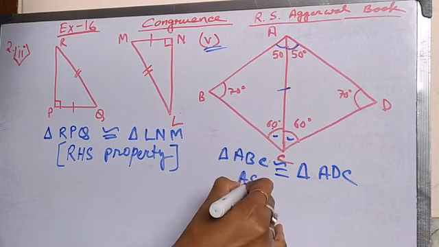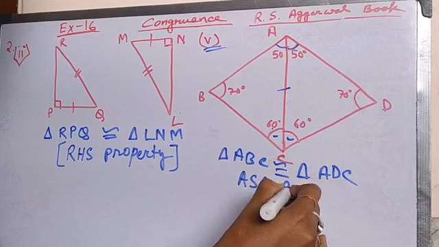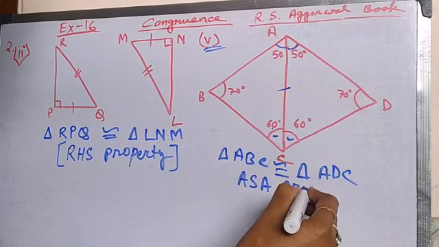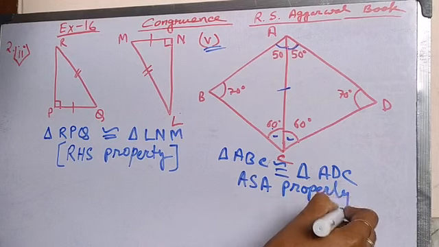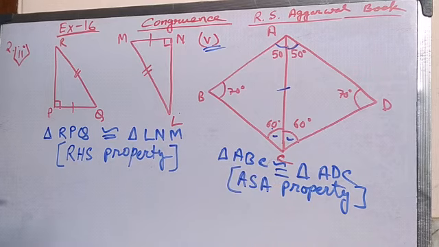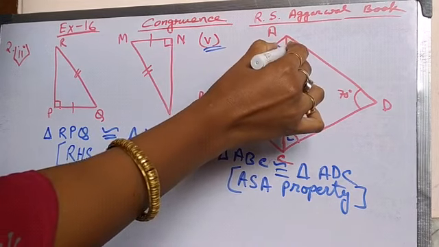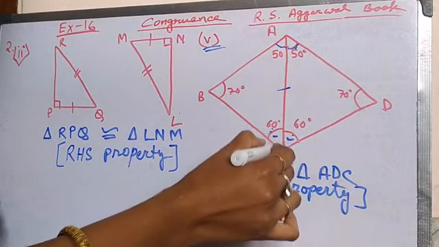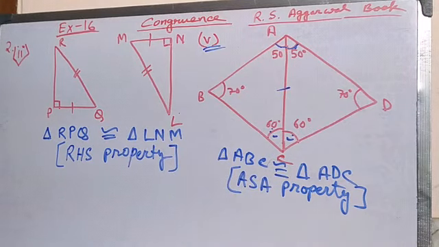By the angle-side-angle property we can say that both the triangles are congruent. I repeat once again: this one angle is equal, this one angle is equal, and AC is the common side. So the angle-side-angle property holds for it.